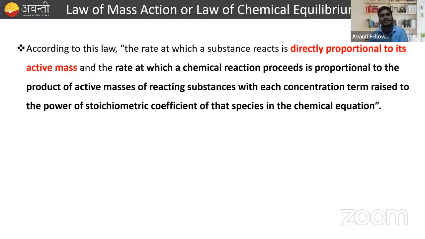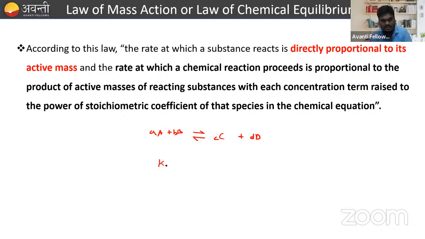So this is how we can represent it. What does it say? It says that when you have a A plus b B giving c C plus d D, let us suppose a moles of A, b moles of B, c moles of C, and d moles of D are present. Then how will you write the law of mass action, the law of chemical equilibrium?